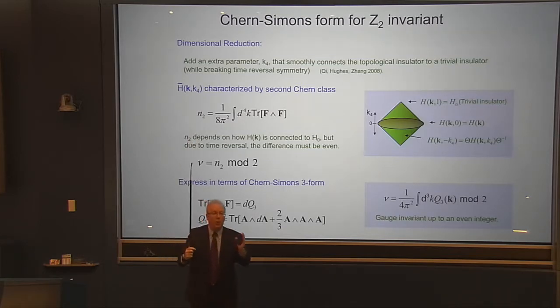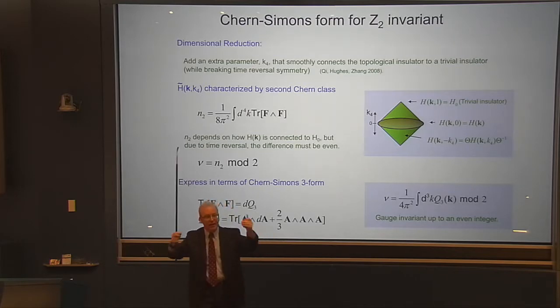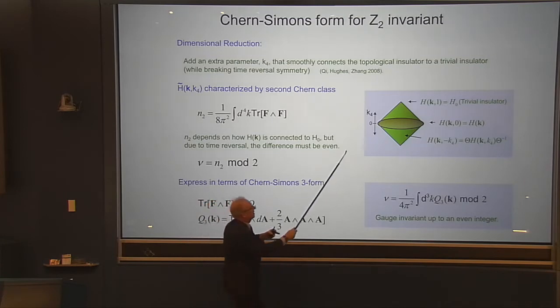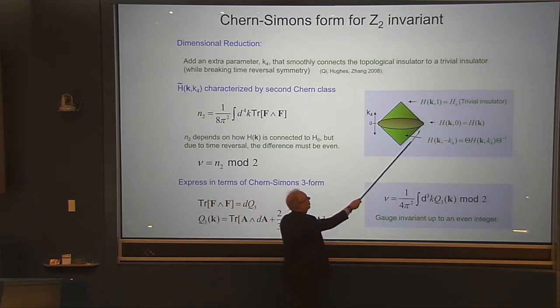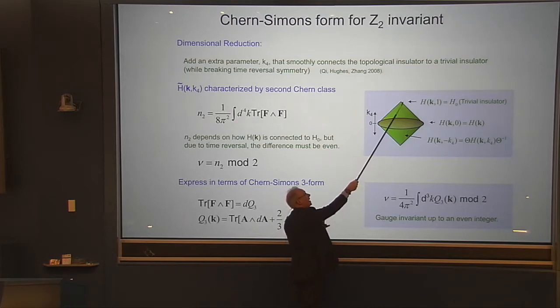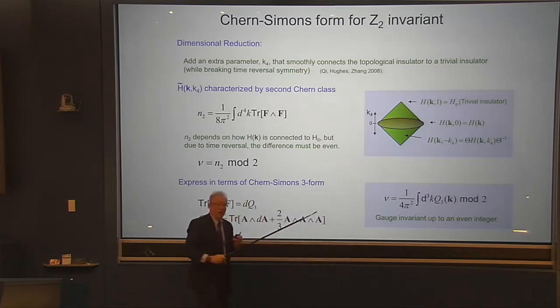But if I keep time reversal, I can't deform it into a trivial one. So what I can do is take my three-dimensional, topological, time-reversal-invariant system on the equator here, and by breaking time reversal, continue it to a trivial insulator.